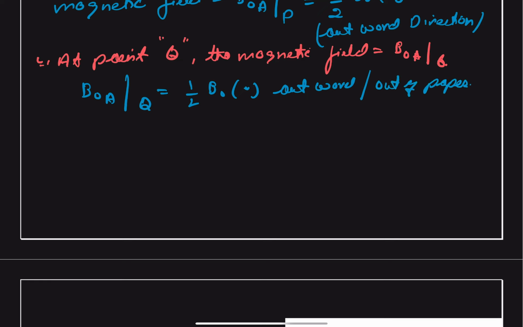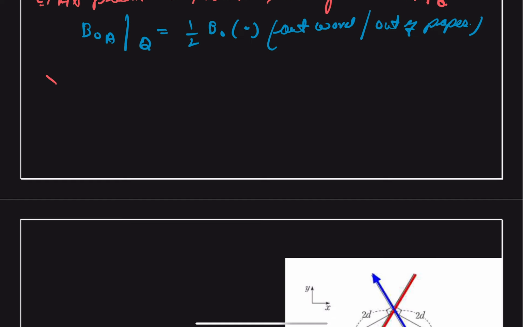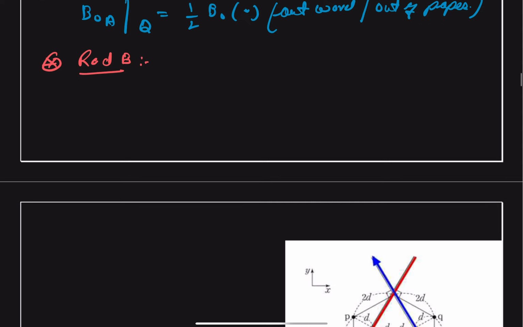Now we are going to consider rod B, and for rod B we are going to assume a certain direction of the current. So the rod B is something like this, and we assume that the current whose magnitude is I naught is flowing toward the lower left.